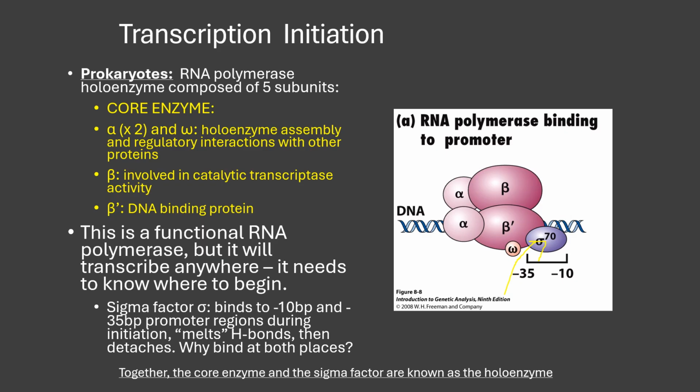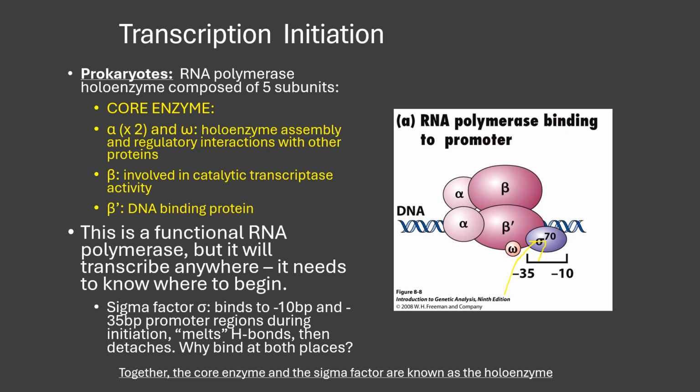Notice that they show this -35 and -10. That refers to the promoter location. So the sigma factor binds to that promoter region during initiation. It melts the H bonds, in other words, it separates the DNA strands, and then it detaches. This guides the RNA polymerase to promoter locations upstream of genes.